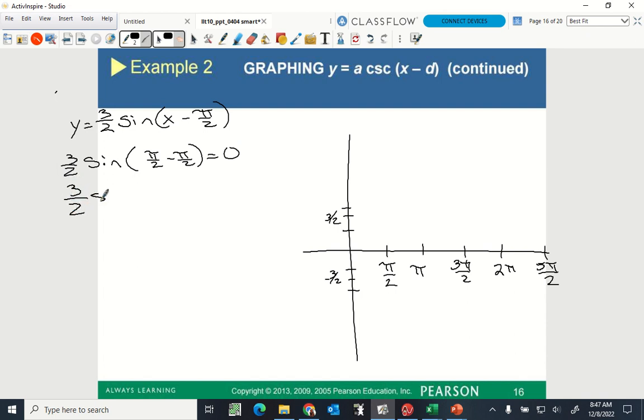Next, 3 over 2 sine of pi minus pi over 2. So you have a whole pi, and you subtract half of a pi. How much pi do you have?